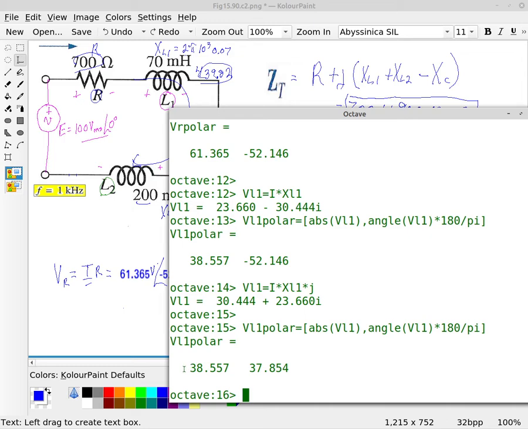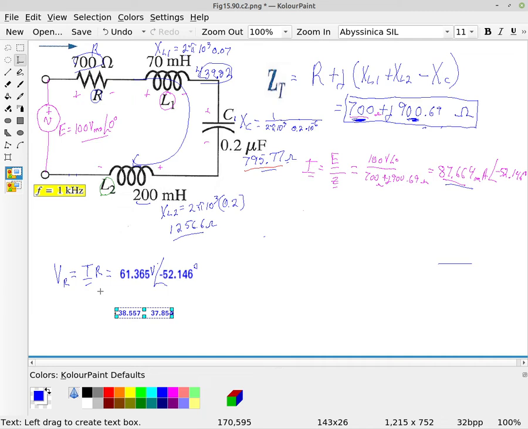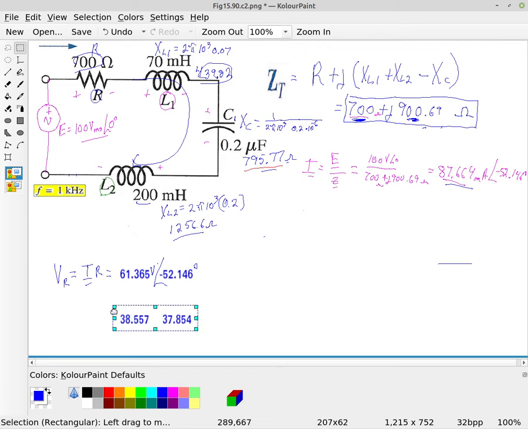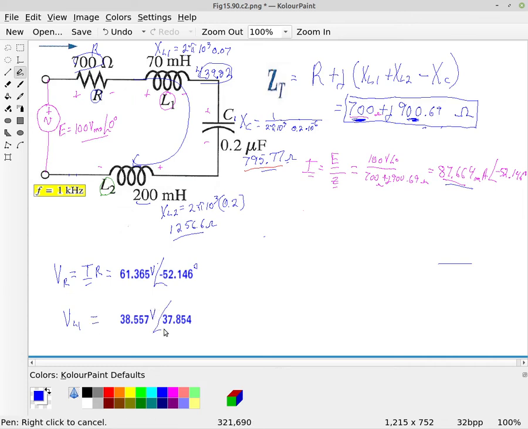All right, so this was VL1. And then we can calculate VL2.